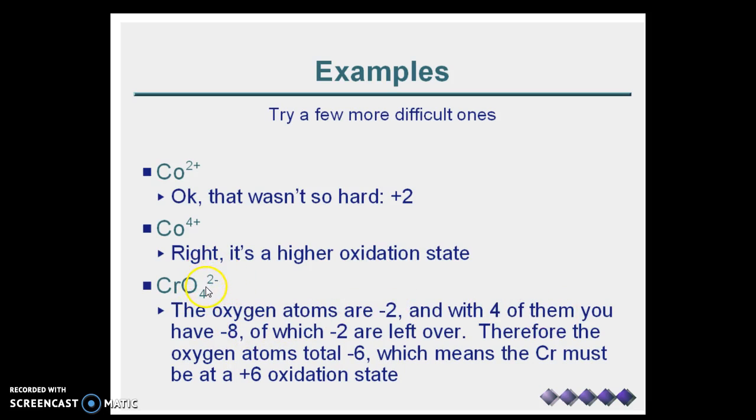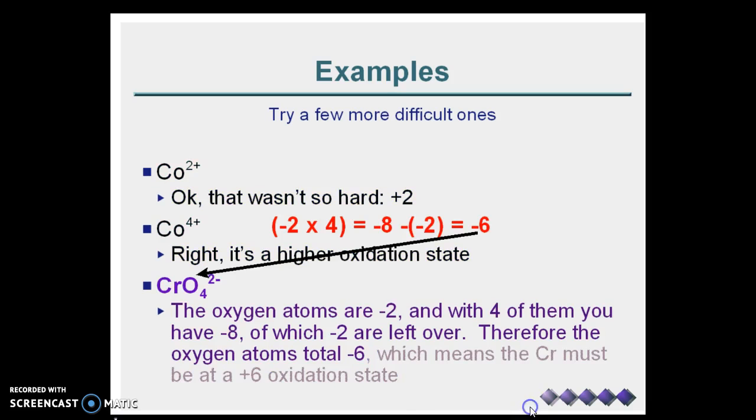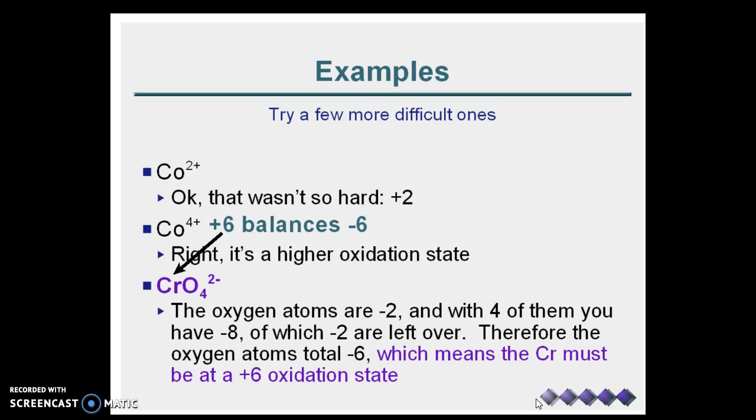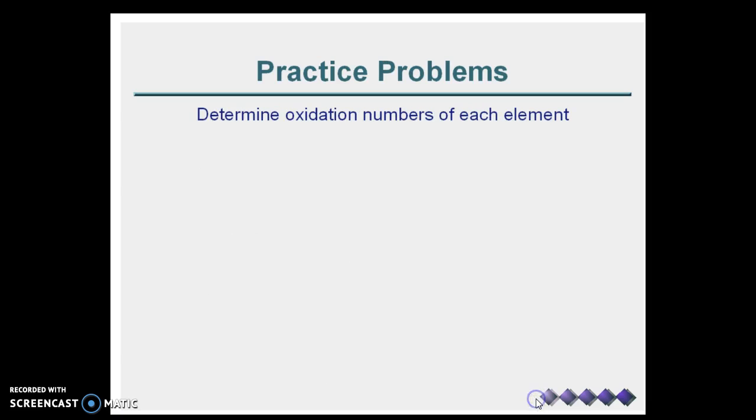But -2 is peeking through as the charge on the total ion, so all you have to balance off is the -6, so the chromium must be +6, hexavalent chromium. There is the math. And +6 balances -6. So, determine the oxidation numbers of each element, and then check your work by turning on the video again.